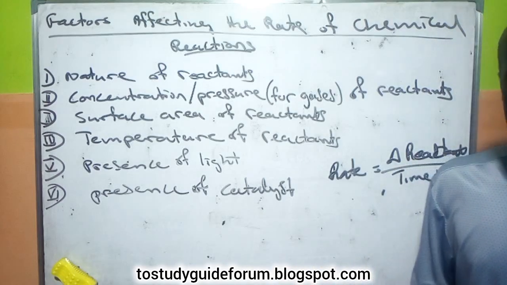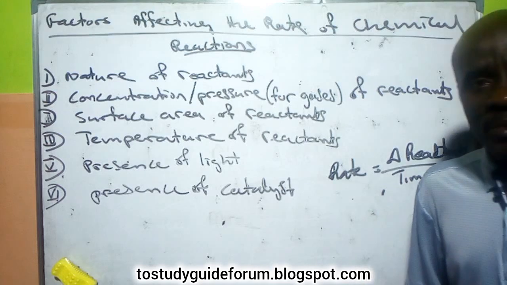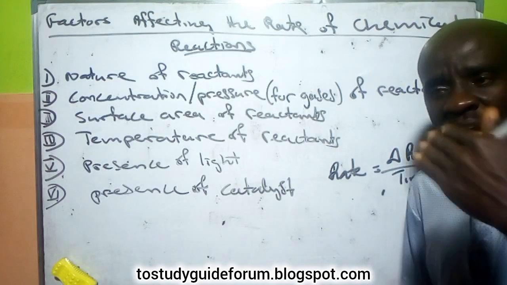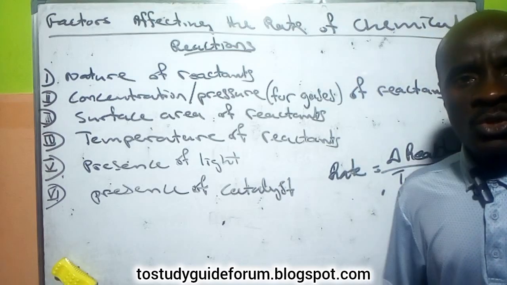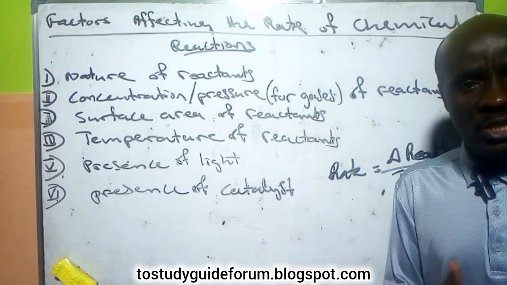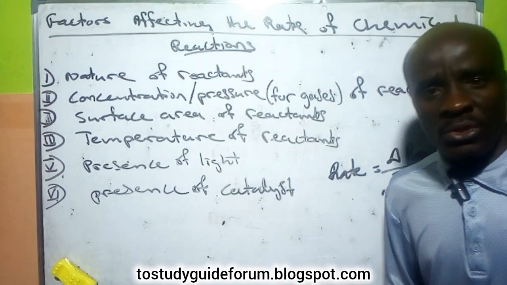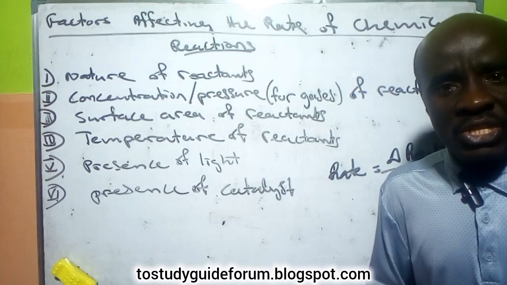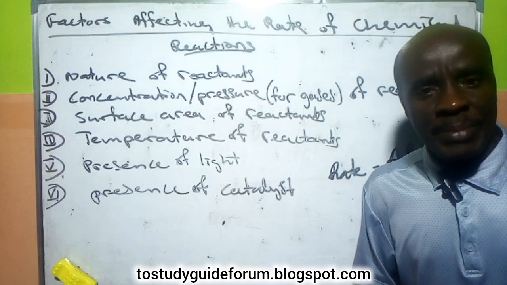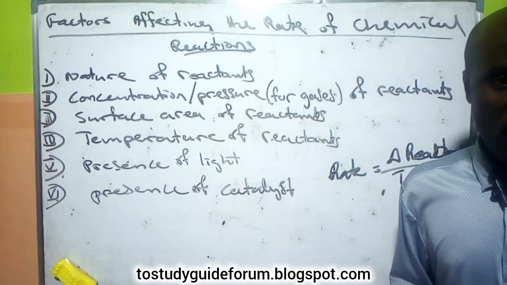Why we regard it as an energy barrier is because it's the energy that must be overcome, because if this energy is not overcome, reaction cannot take place. So during this collision of particles, the ones that have enough energy to overcome this energy barrier take part in the chemical reaction.